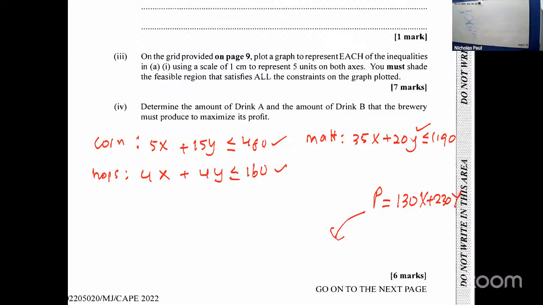On the grid provided, 1 centimeter to 5 on both axes, you must shade the feasible region. So draw arrows for the inequalities and then shade where they all point. Take the coordinates of the vertices and then plug in x and y. Let's see what we get to maximize profit.